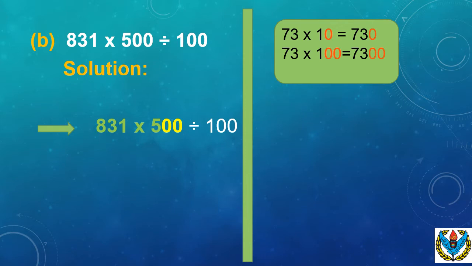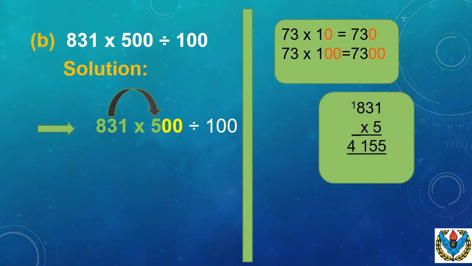In the same way, हमें क्वेश्चन में 831 को मल्टीप्लाई करना है 5 के साथ पहले. We can multiply them like this, as you have learned the multiplication before. We can multiply 831 by 5 and our answer will be 4155.